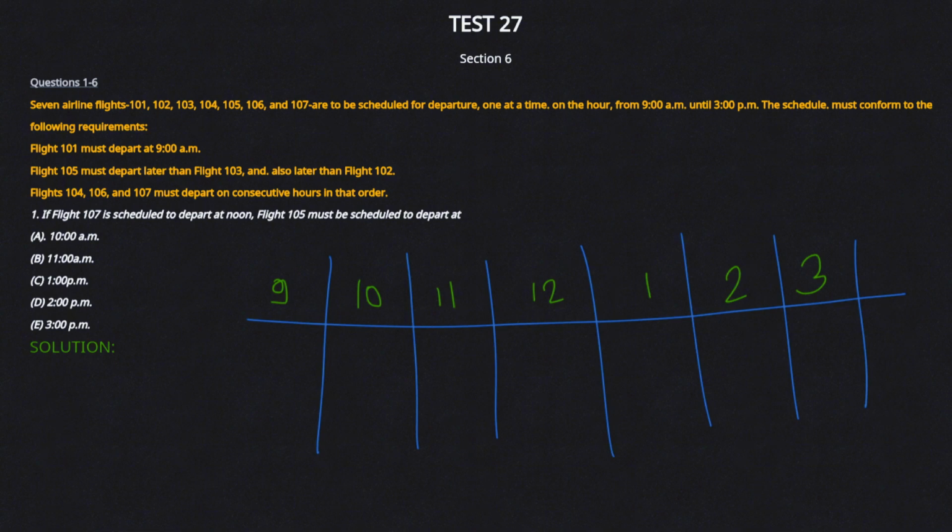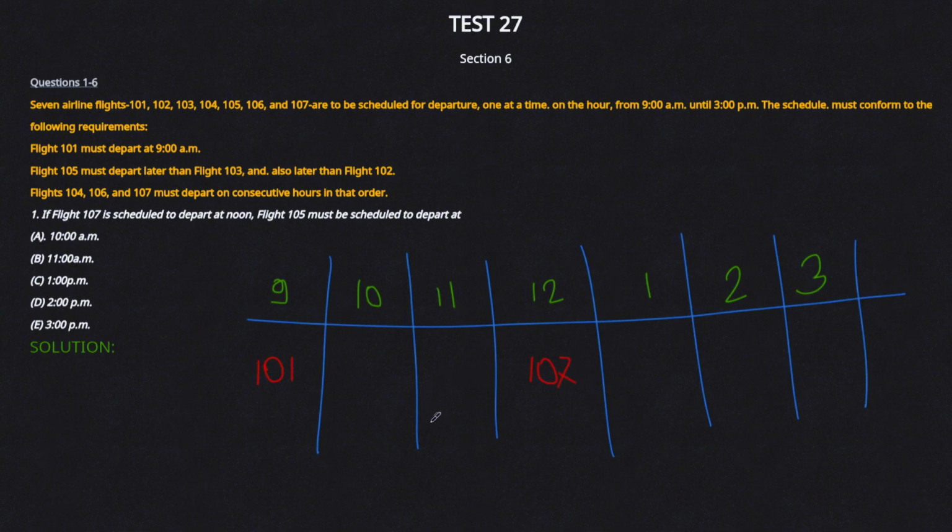We're provided here that 101 has to be at 9 a.m., and 107 has to be at 12 because it says noon.